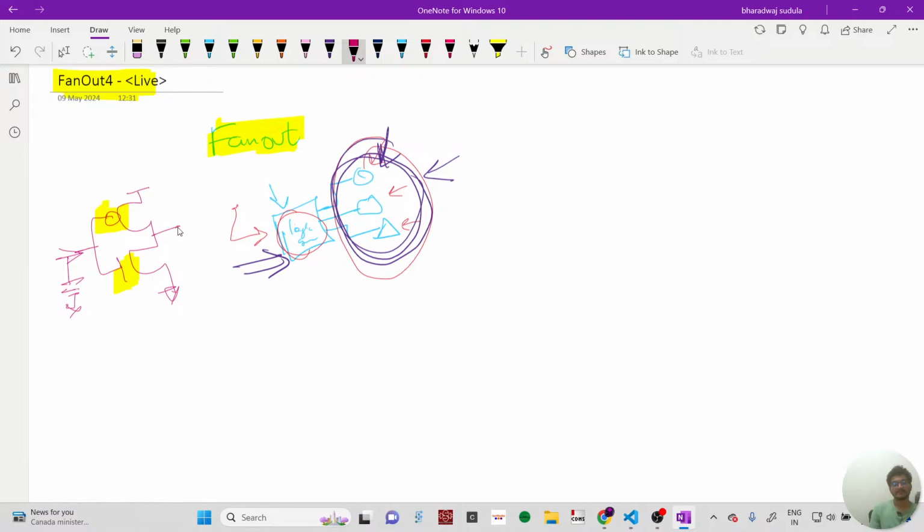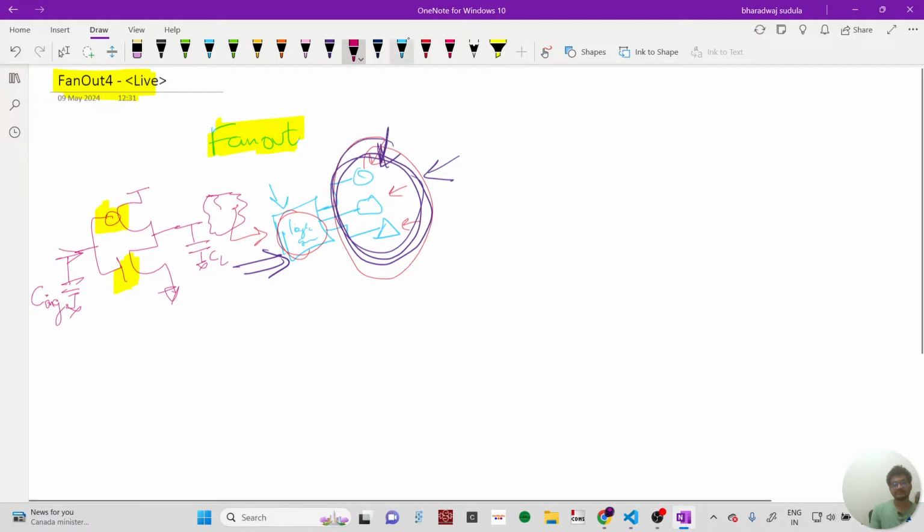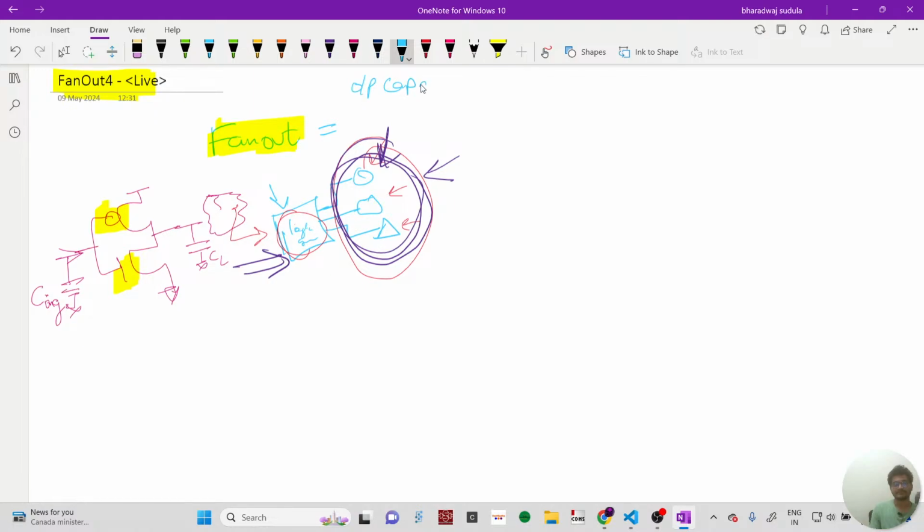There will be some other gates connected to this output, and we can model that as load cap. So let's say this is input gate cap. So fan out is nothing but output capacitance by input capacitance. So this is fan out.